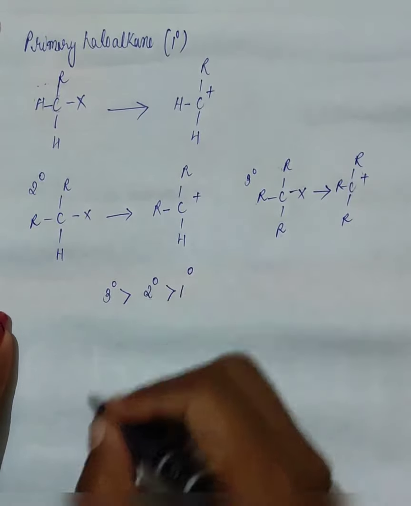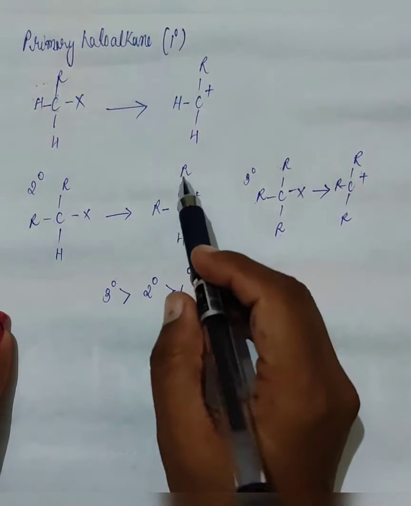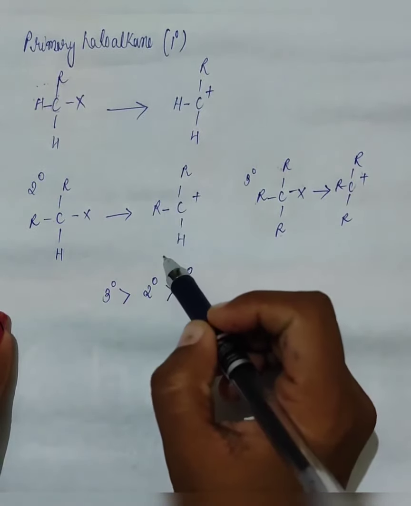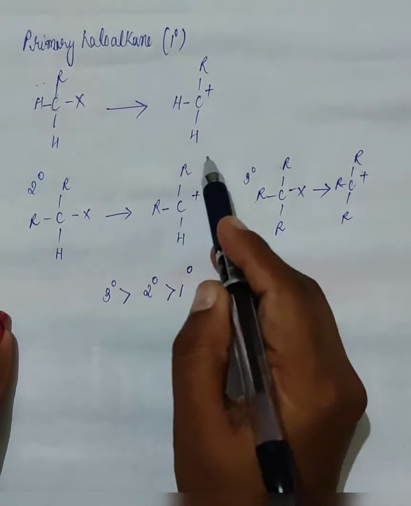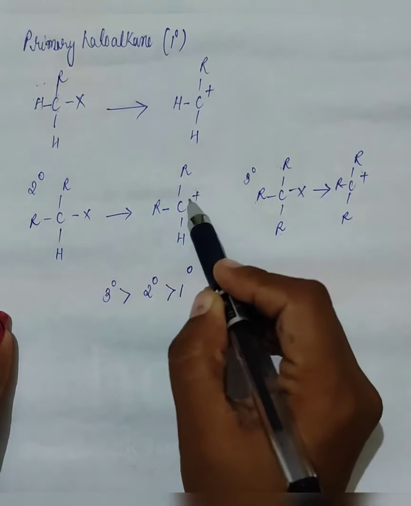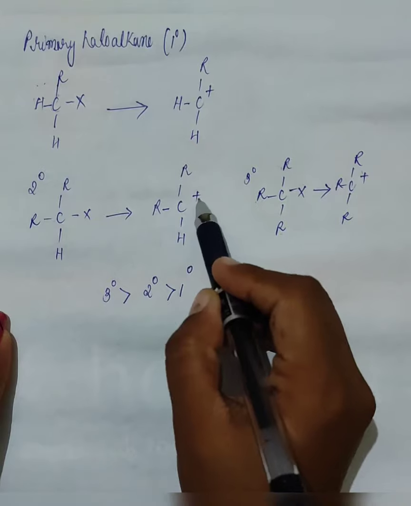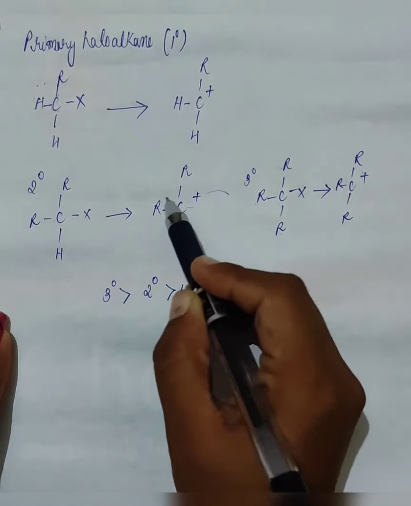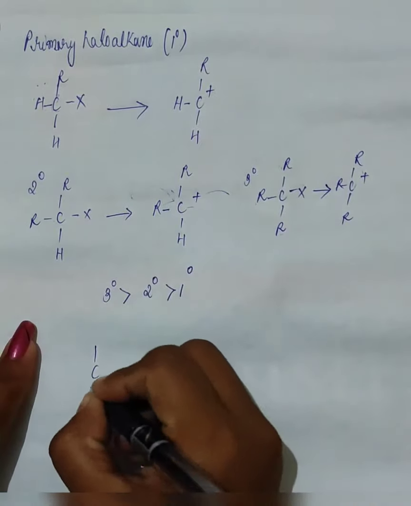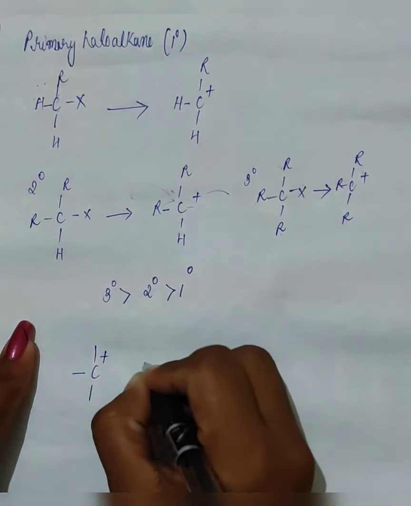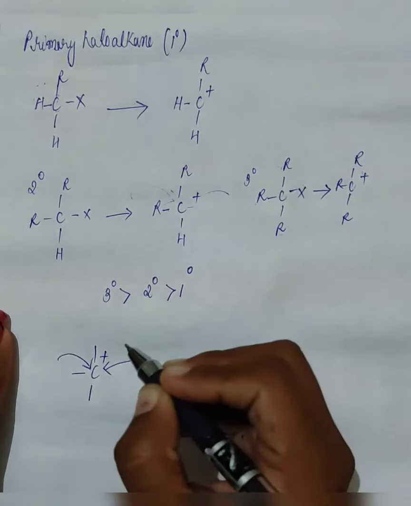So in this SN1 reaction, the formation of this carbocation takes place, and as per the rule, the nucleophile will come and attack it. Now the attack can be from the front as well as from the back. We have our carbocation. The nucleophile can attack from the front as well as from the back.